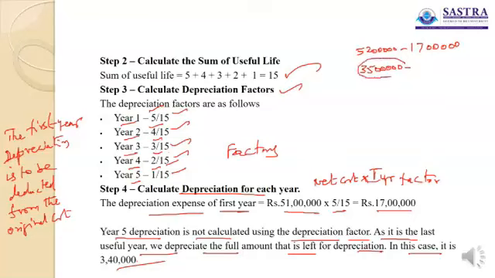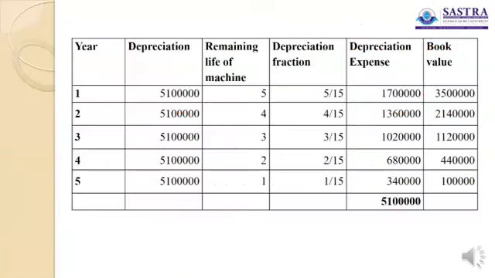This amount is only the deduction, whereas the depreciation will be calculated using 51 lakhs only every year. 51 lakhs into factor. So depreciation is 51 lakhs into factor, but the balance calculation is based on this, right? You will see the same thing in the table.